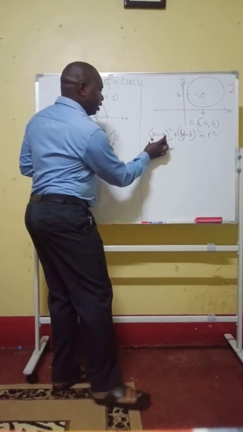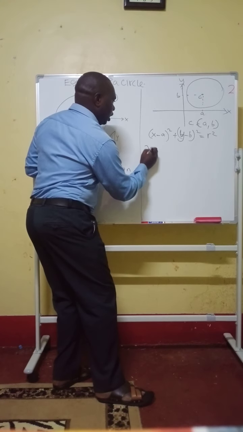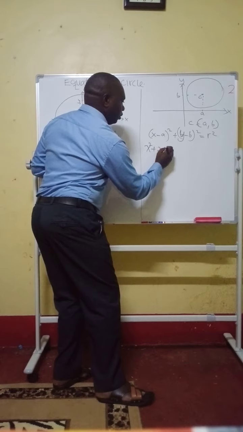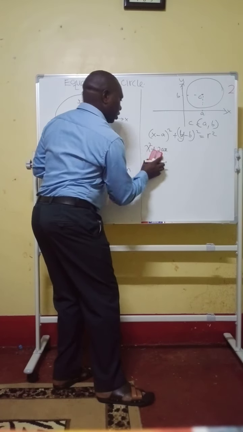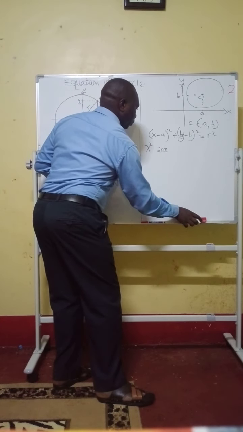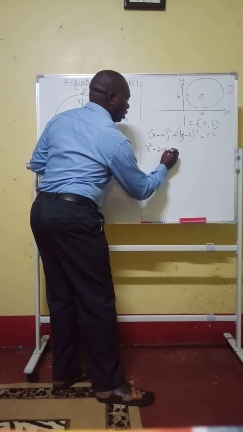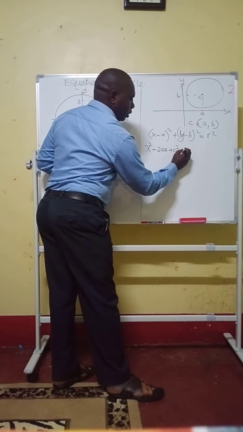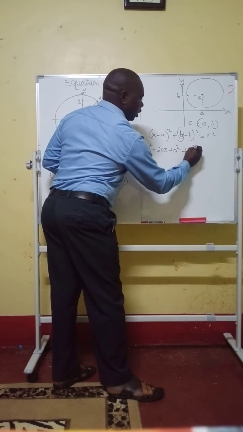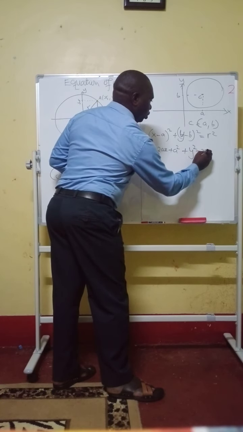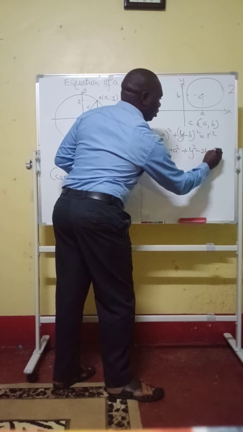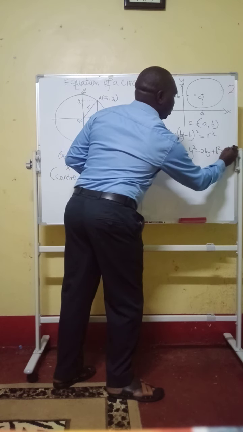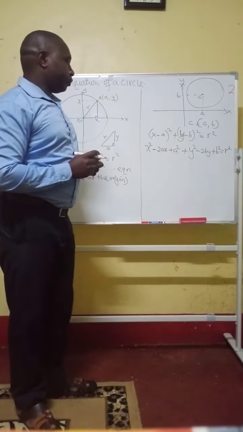When the first part is expanded, we end up with x squared minus 2ax plus a squared. When the other part is expanded, we end up with y squared minus 2by plus b squared is equal to r squared.